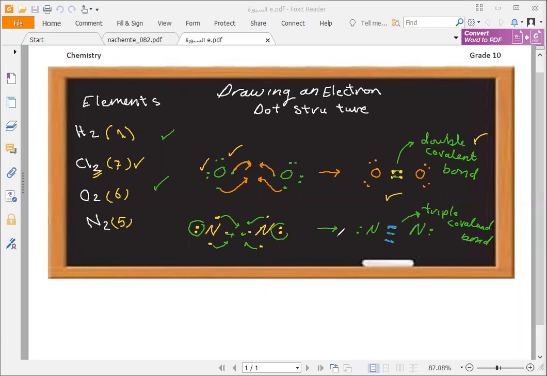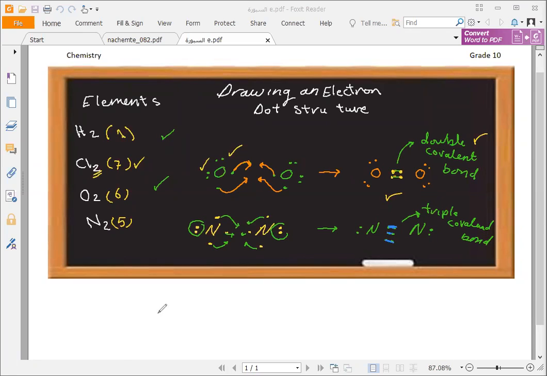Draw this, please. And after you finish drawing this electron dot structure, open your textbook, page 229.